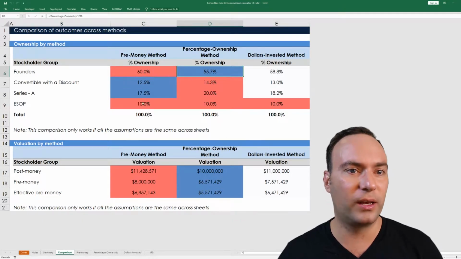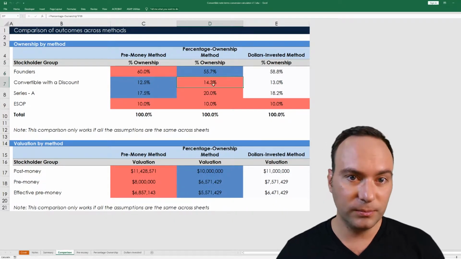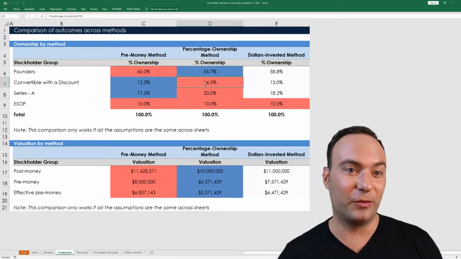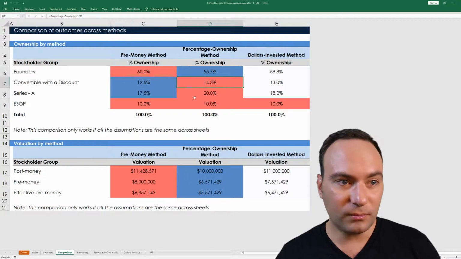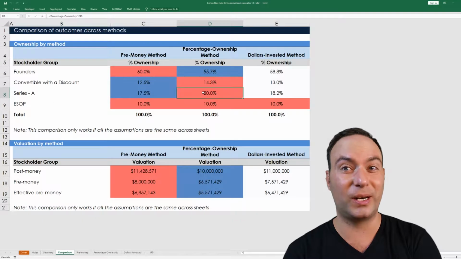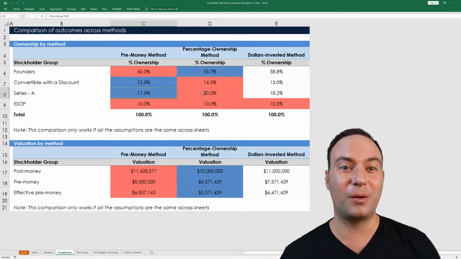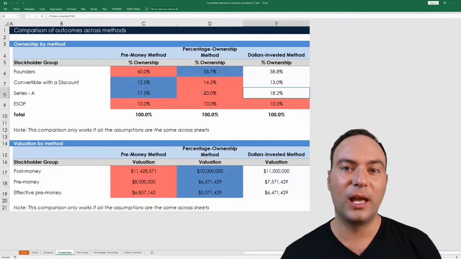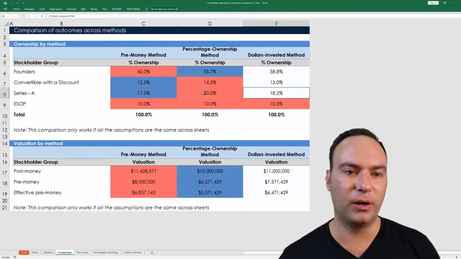And for the convertible note holders, the percentage ownership method would be the best at 14.3. With Series A investors, they were investing for 20%, but on the pre-money basis, they wouldn't be getting that full 20%. On the dollars invested method, it'll be a bit more in the middle of the road.